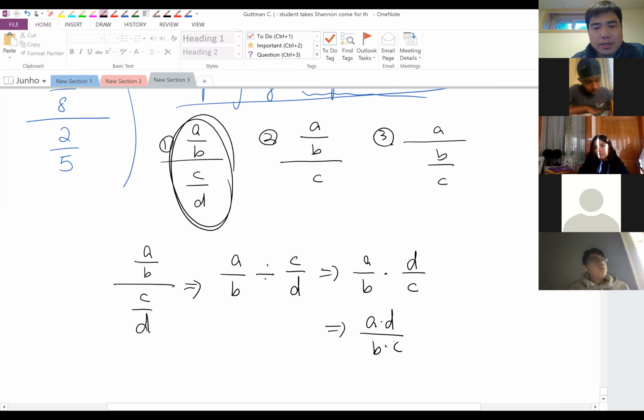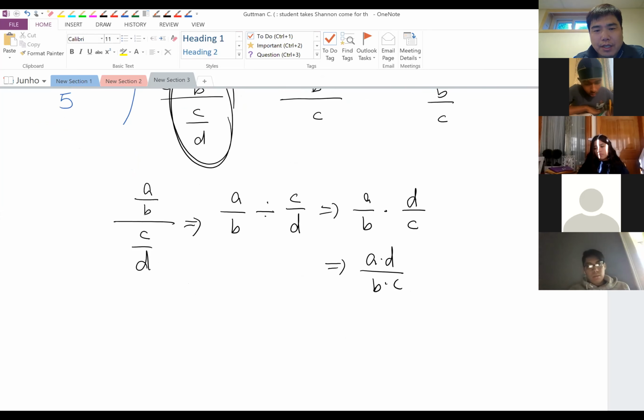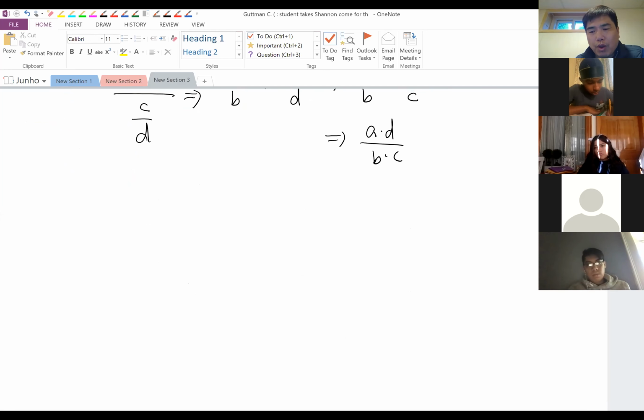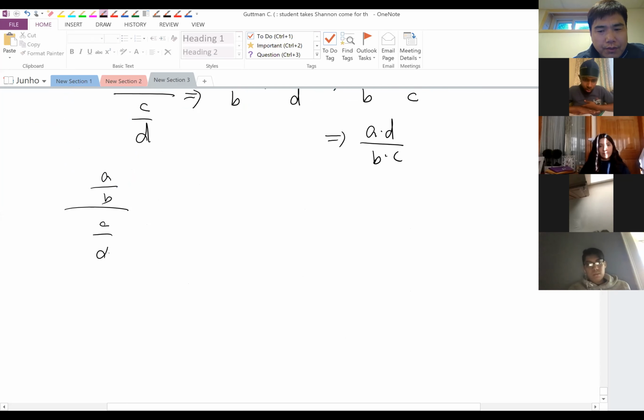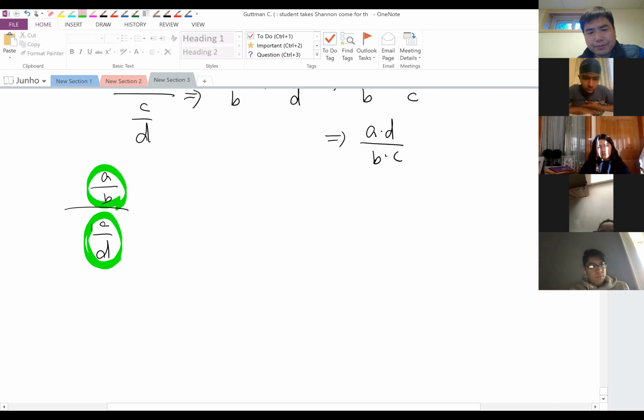Okay, so I'm going to make some steps and then we review the question together. Let's see A over B over C over D. Whenever you see any complex fraction form, please think separately: fraction A over B, and another fraction C over D. That's the key point here.